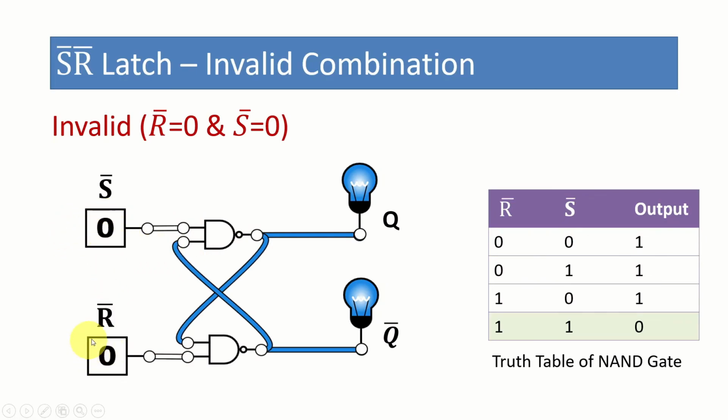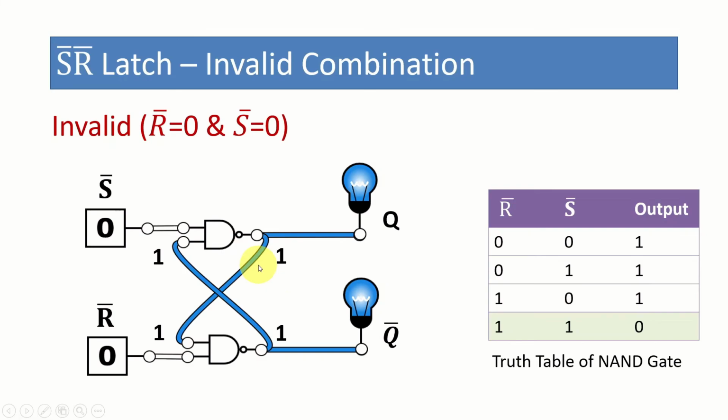We already know that one input for this NAND gate and one input for the second NAND gate is 0. So therefore it is guaranteed that both outputs are 1. And this one is fed to this NAND gate and this one is fed to the other NAND gate. Now again, when 0-1 combination or 1-0 combination, the output is 1.